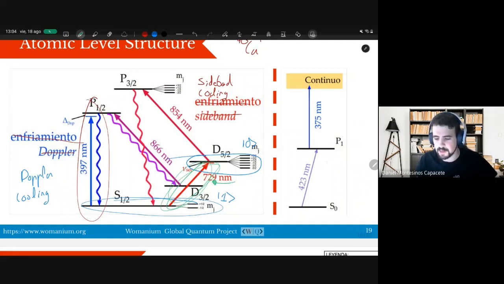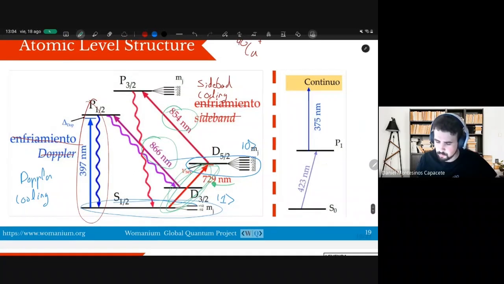So this laser is very important. And these other lasers are just for helping in other procedures, like in case the electron goes to an unwanted level, this laser is going to send the electron back to the level that we want it to be. So that's the idea.